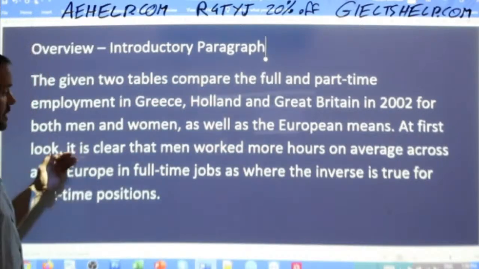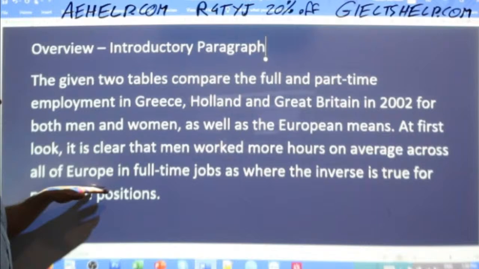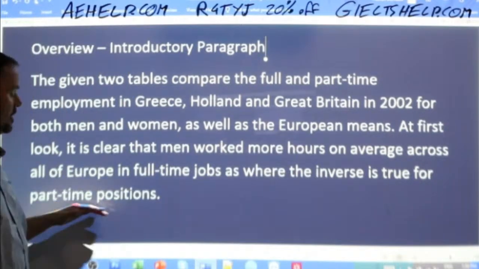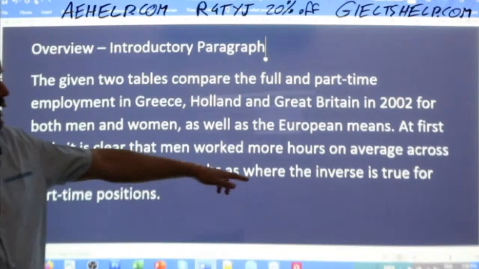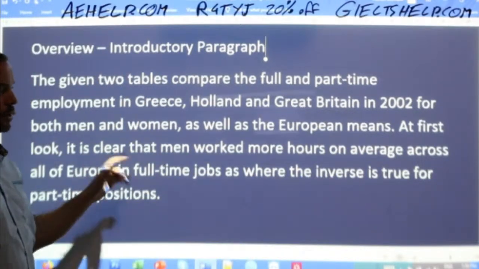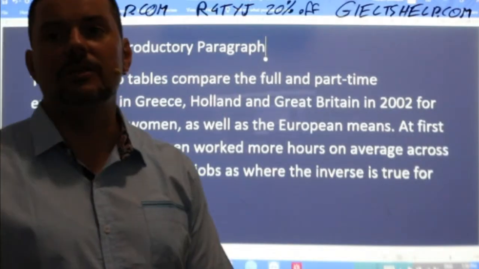At first look, it is clear that men worked more hours on average across all of Europe in full-time jobs, as where the inverse is true for part-time positions. Okay, and the inverse, that makes it clear for the reader that in part-time positions, men work more than women. Okay, so that would be the sentence.